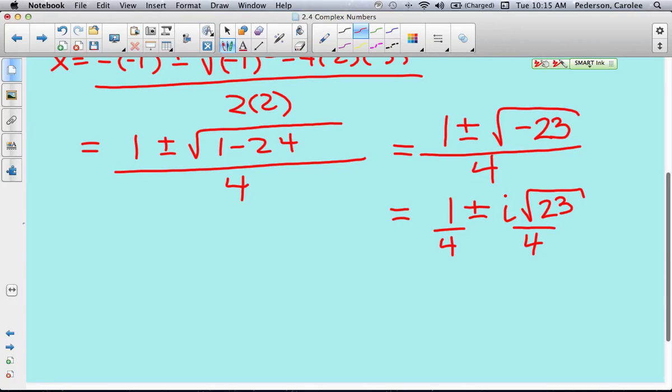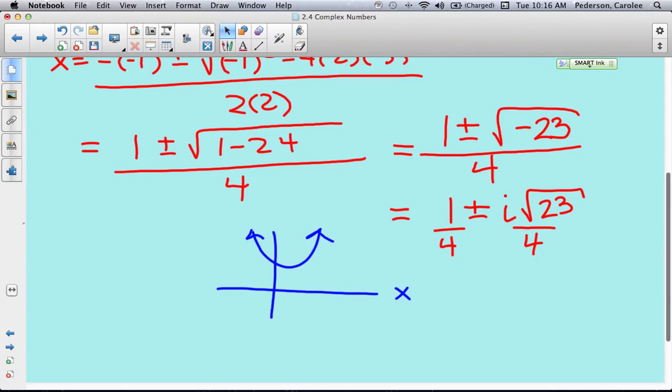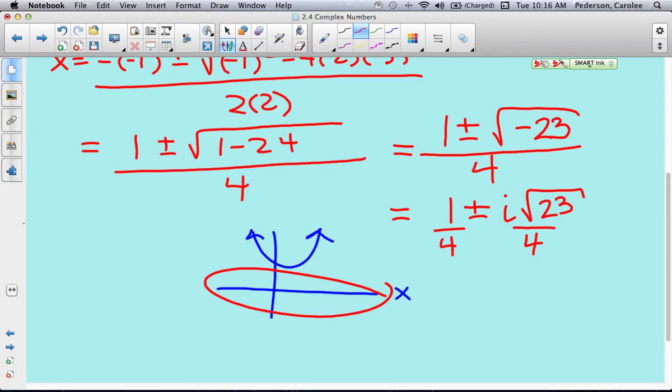When you get an imaginary number, this is what we call a complex zero. If I go out and graph this parabola, imagine this parabola being above the x-axis. These are called complex zeros. They're not going to be x-intercepts. So no x-intercepts exist. So if I just think about the x-axis, this does not touch.